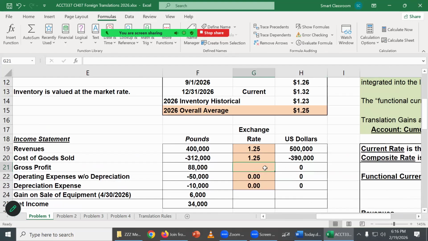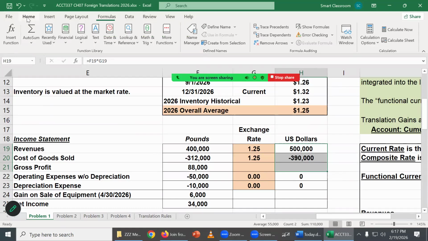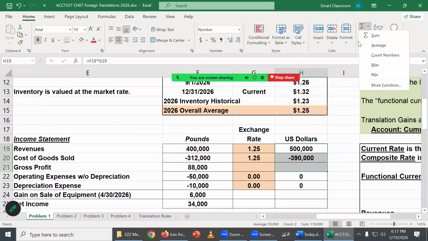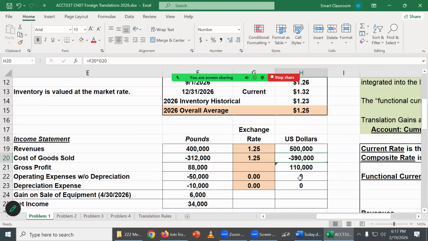This actually shouldn't be there. This should be a calculated one. It should come out the same, and this one should be 125.